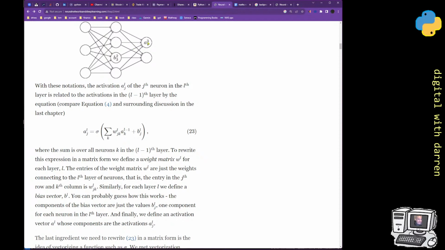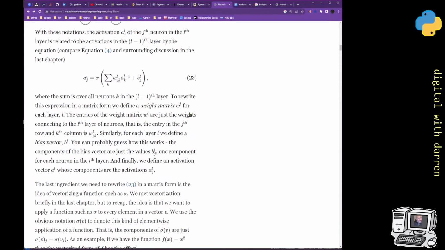So this layer is determined by the previous layer, by the sum product of these weights with their activations, plus the bias. Each one of these will have a bias, and I think that's pretty much it.